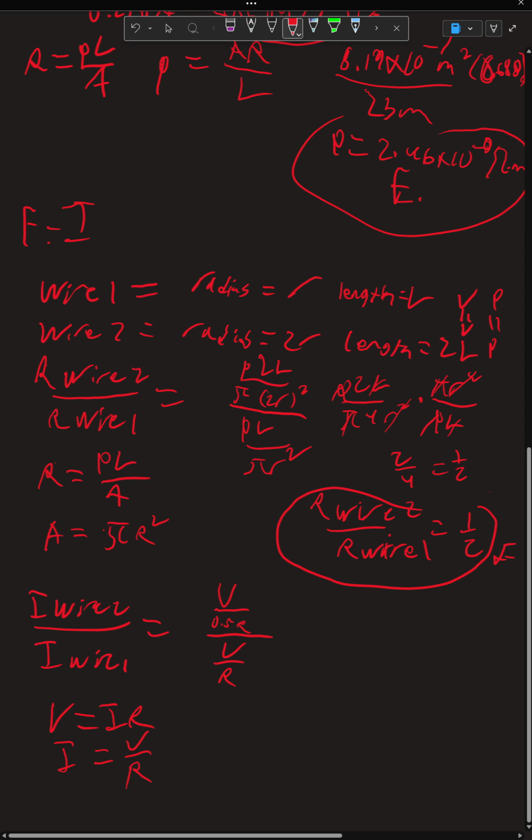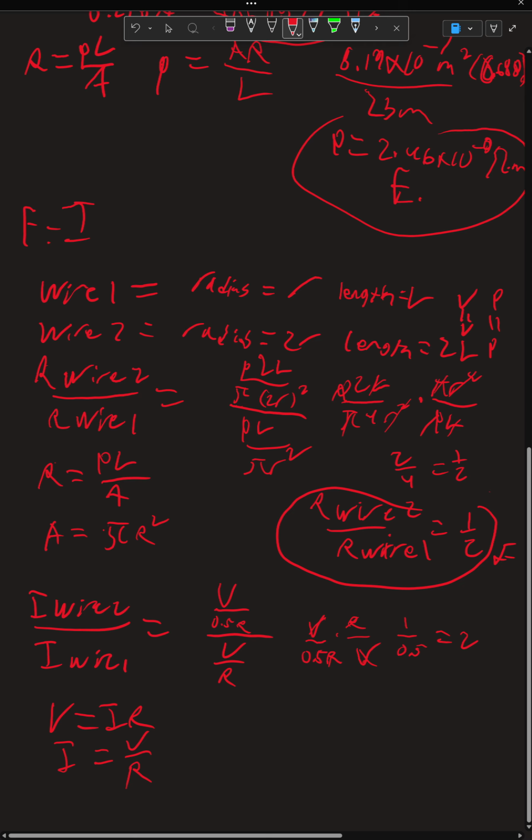Do a little quick flip. So V over 0.5 R becomes R over V times, cross out, cross out. That'll be 1 divided by 0.5, which just equals 2.